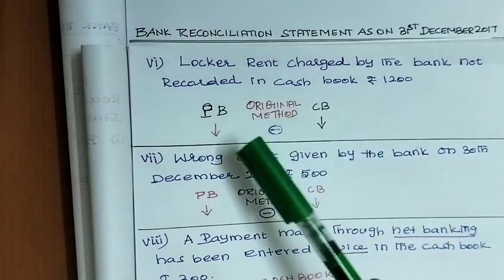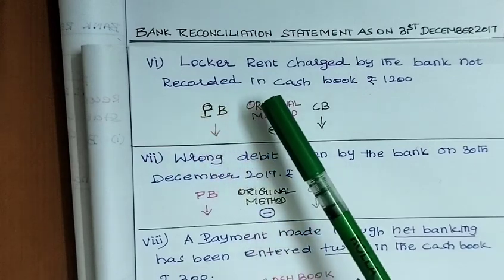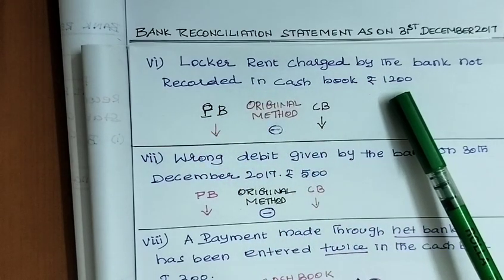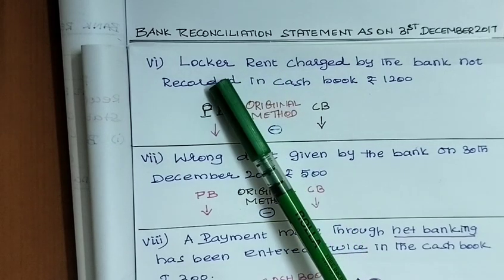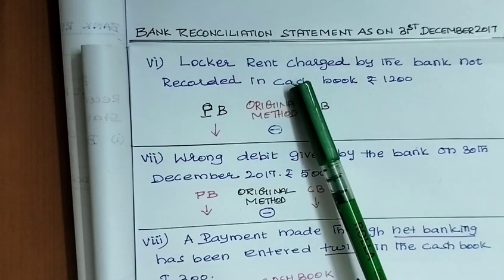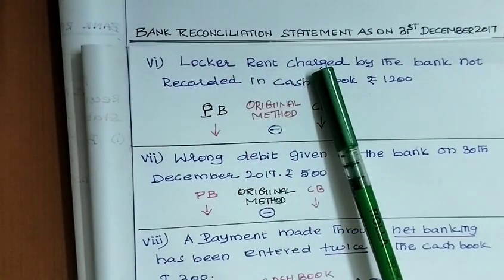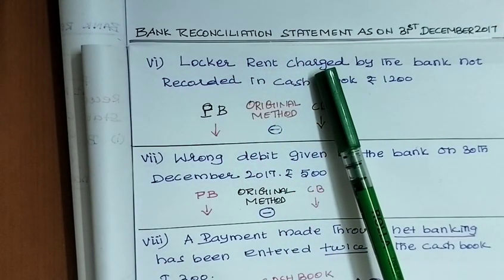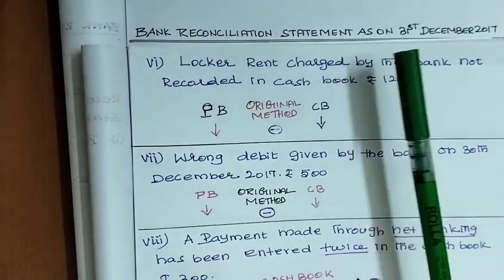The next transaction is locker rent charged by the bank, not recorded in the cash book, 1200 rupees. Listen, the bank provides a locker for its customer and charges periodically from its customer. It takes locker rent charges from its customer's account directly. So here locker rent charged by the bank.